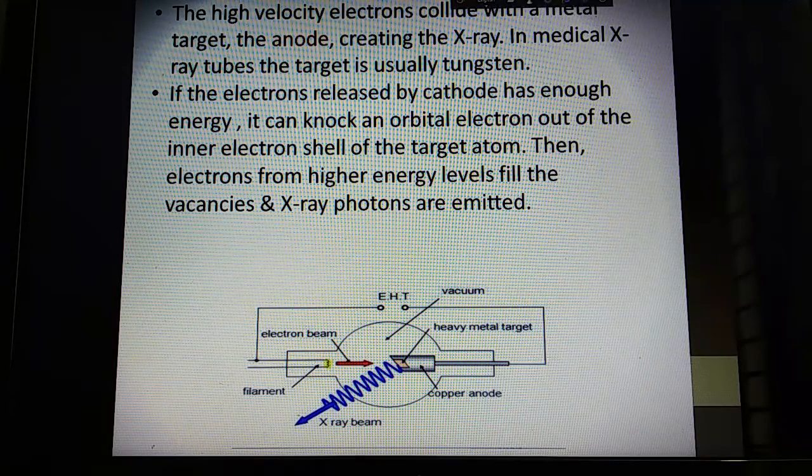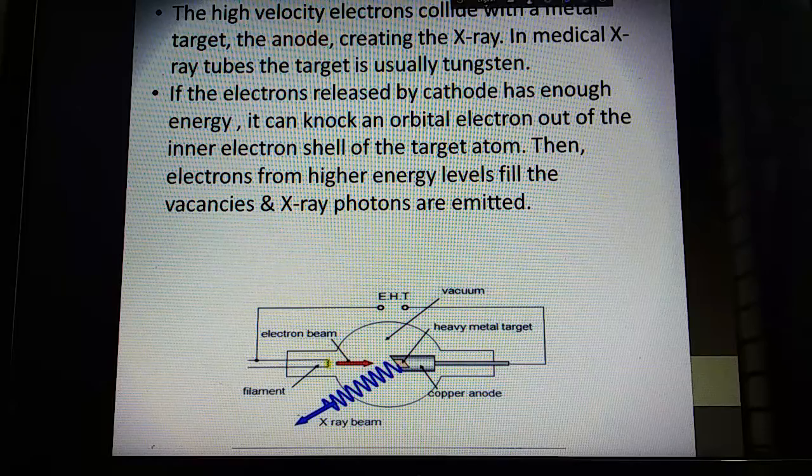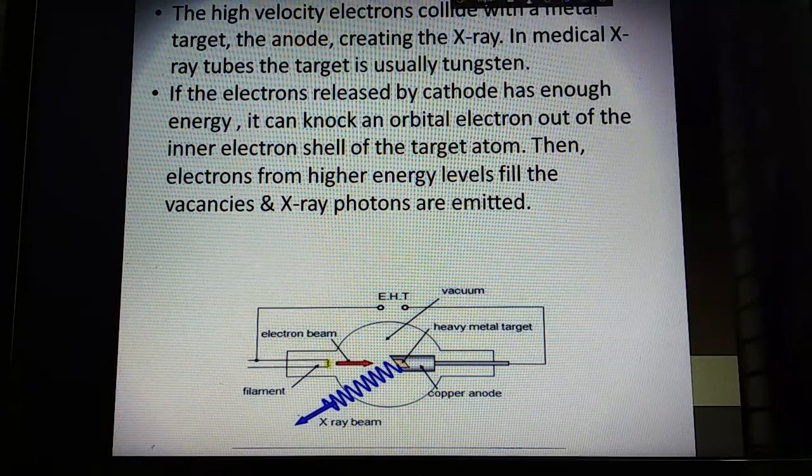These electrons hit the anode, and due to this, some electrons from the outermost orbital of the anode jump to the inner shell, and for that reason some energy is emitted in the form of X-rays. So we have learned about the generation process of X-rays.